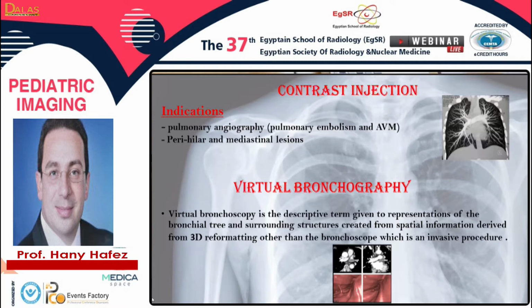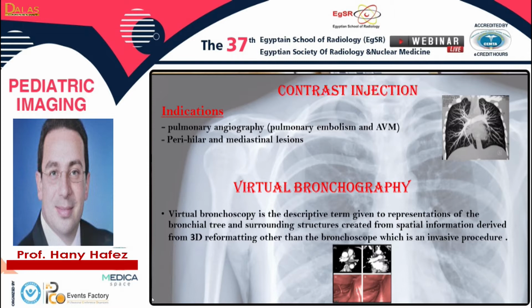Indications of contrast injection in the chest are pulmonary angiography and perihilar and mediastinal lesions. Virtual bronchoscopy is a descriptive term given to 3D reformatted representations of the bronchial tree and surrounding structures.